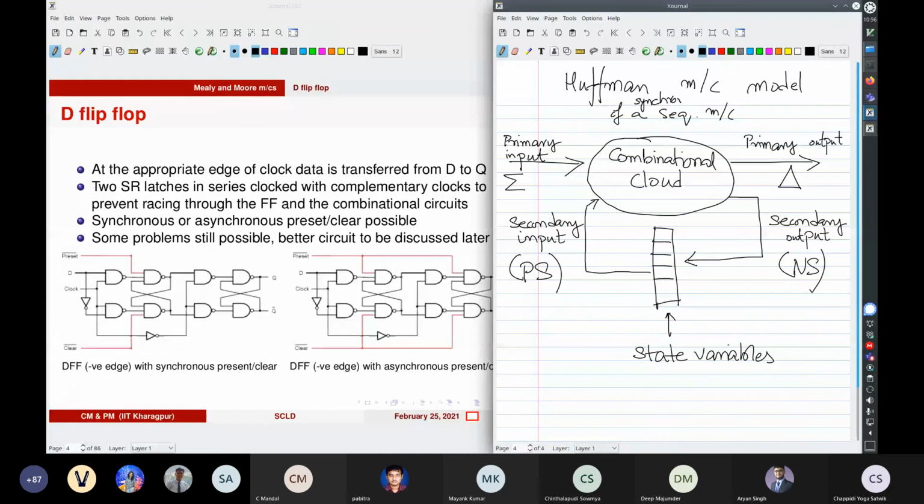So it is also important to say that there is a clock over here. That is what makes it synchronous. And the clock works only on the state variables.